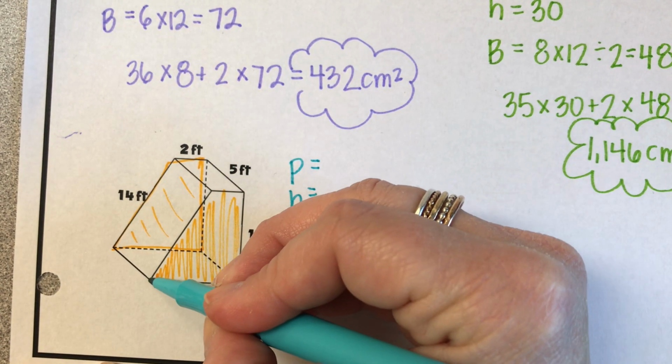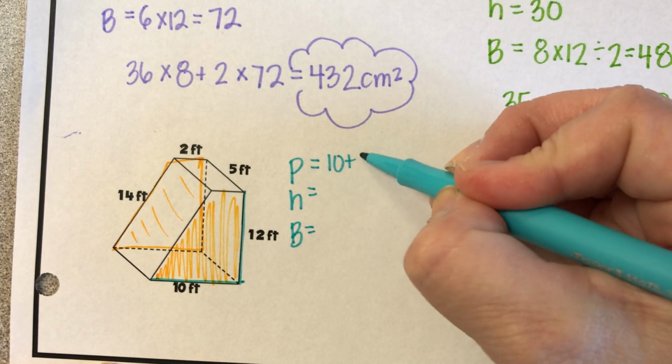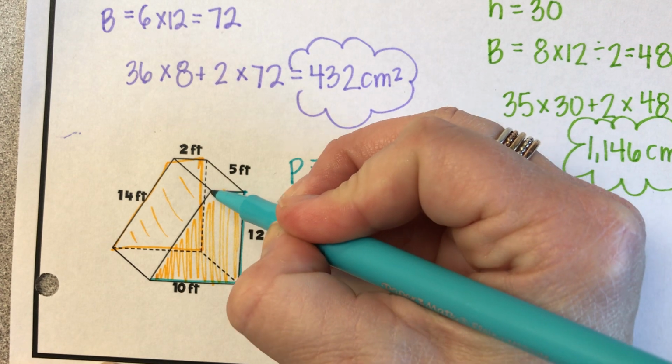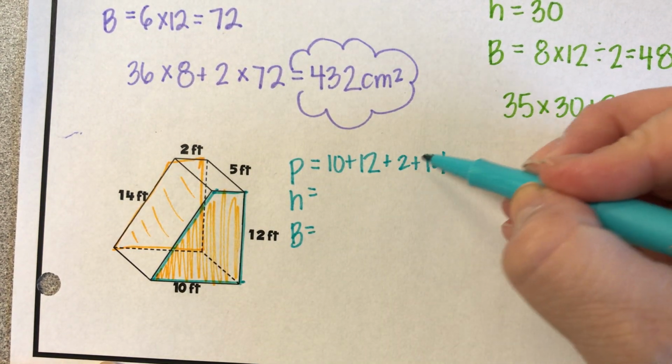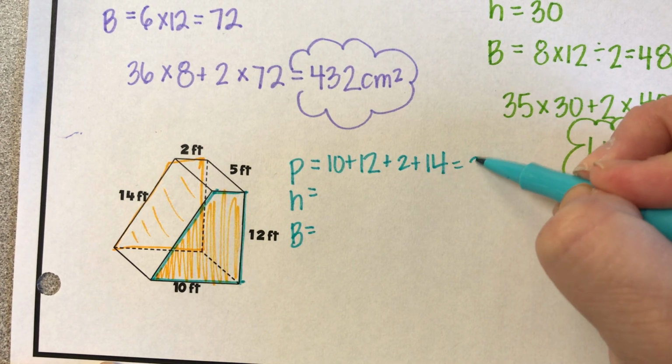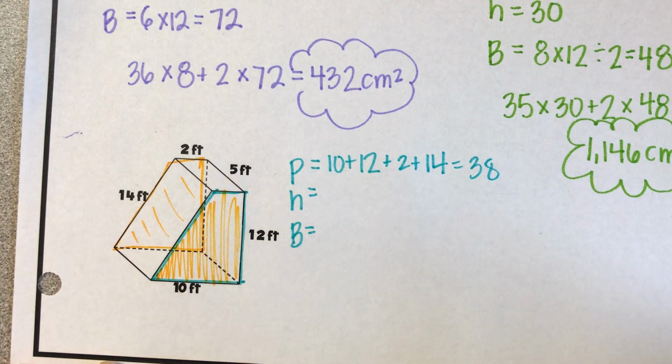So the perimeter of this trapezoid is 10 plus 12 plus 2 plus 14. So 22, 24, 38. Yep, 38.